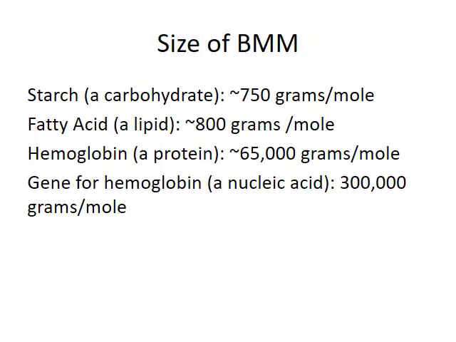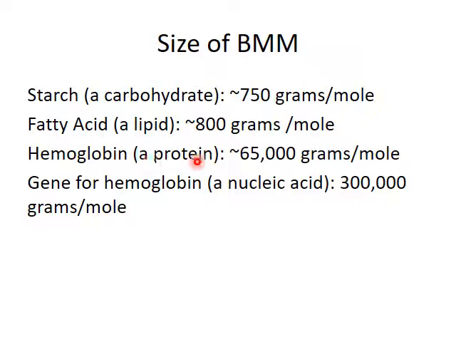All right, so let's talk a little bit about the size of molecules that we're going to talk about in this class. Starch, on average, is about 750 grams. Compared to water, this would be about 40 times bigger than water. Fatty acid, again, about 40 to 50 times bigger than water.